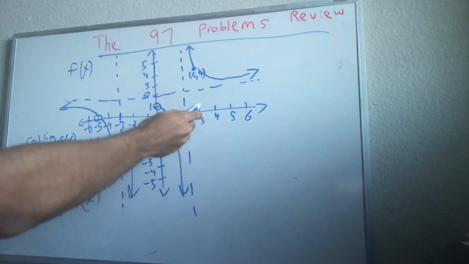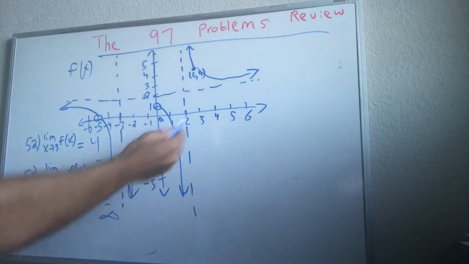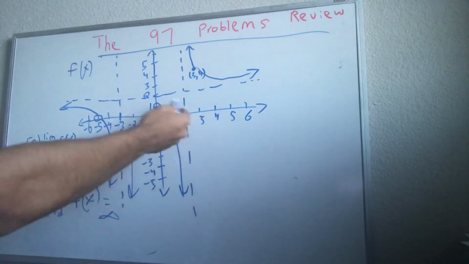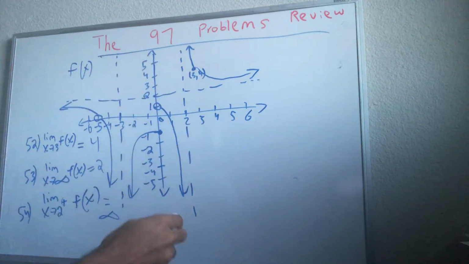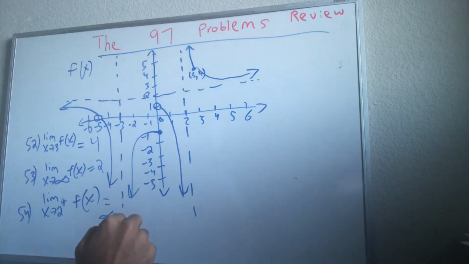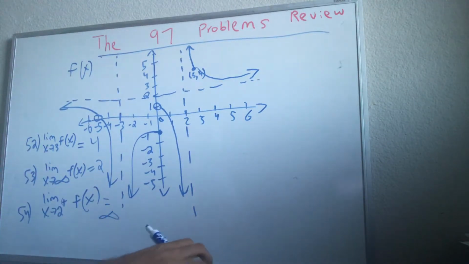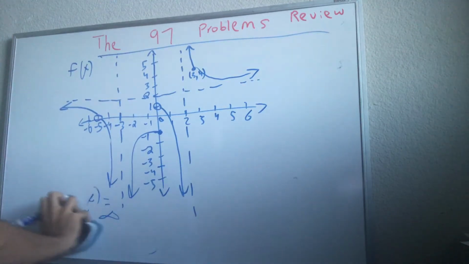And so we see that the answer should be infinity, because as you go closer to 2 from this direction, you're approaching positive infinity. So our answers here for 52, 53, and 54 are 4, 2, and infinity respectively. So those are those 3 questions.